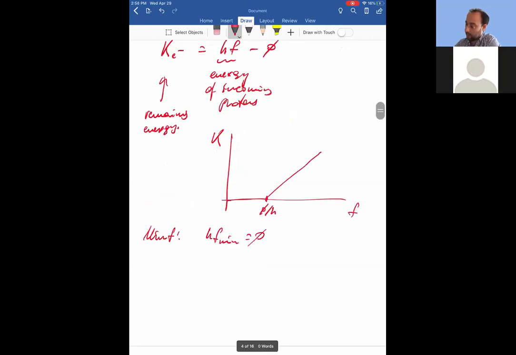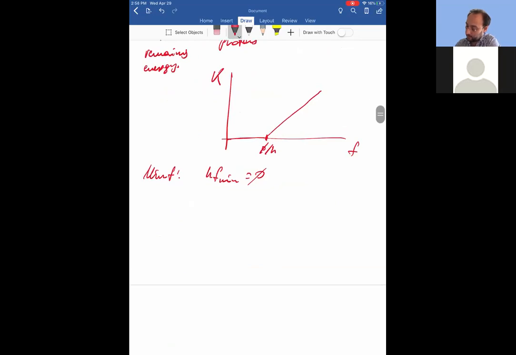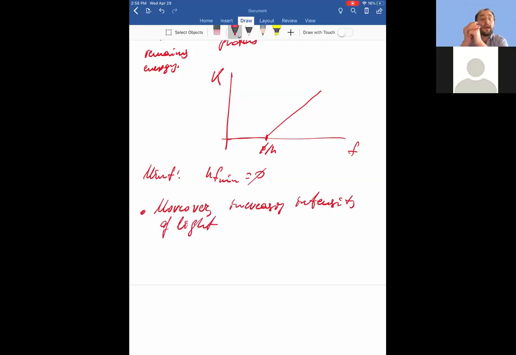And so moreover, increasing the intensity of light, if we propose that light is made up of particles, corresponds to increasing the number of photons that impact the metal.